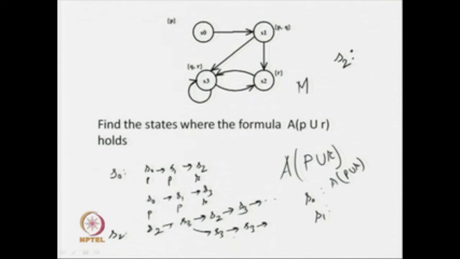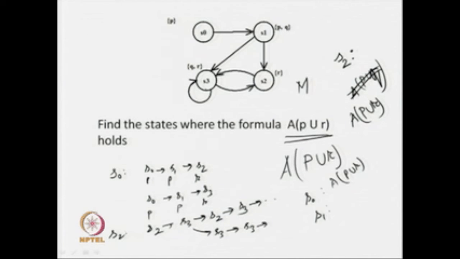Now, what will be the truth value of A[P until R]? We are concerned about P until R in all paths; this is the formula. What is the truth value of this formula in states S2 and S3?